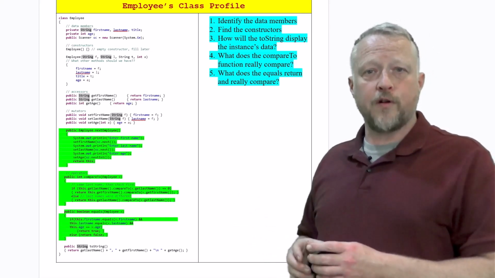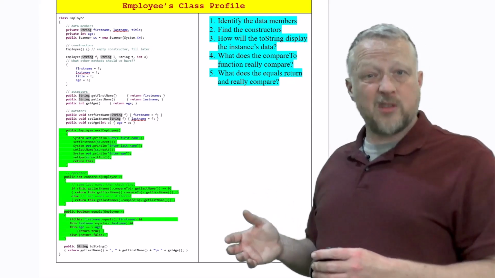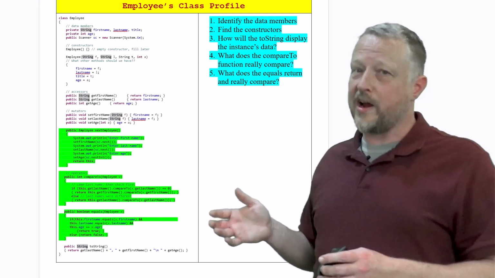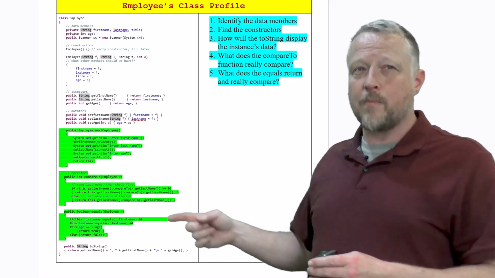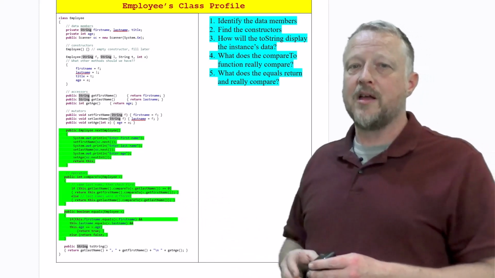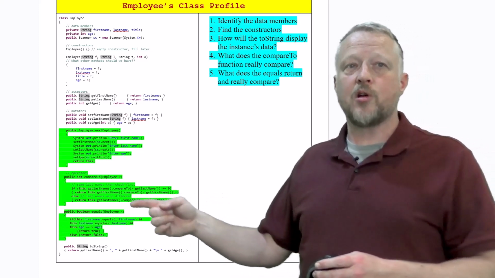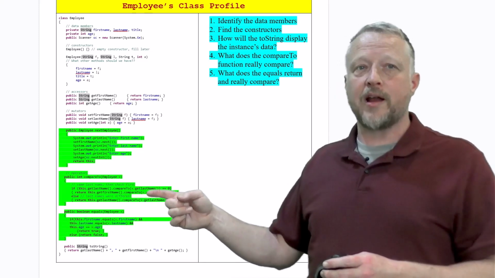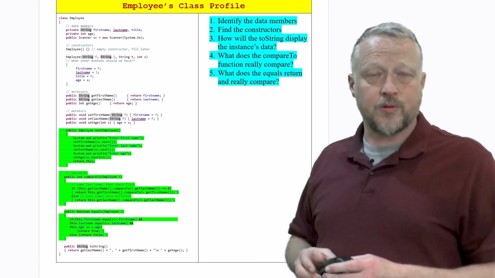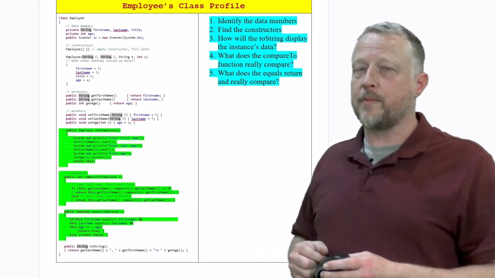Which one's going to go first? Well, it depends. Last name usually goes first and then first name. So there, it would be Brian before Chad, but still we'd have to check if they happen to be the same exact last name, then we would have to start looking at the first name from there on out, and that's that line right there, in order to make sure that there is a difference between the two. So that one's really doing first name and last name.